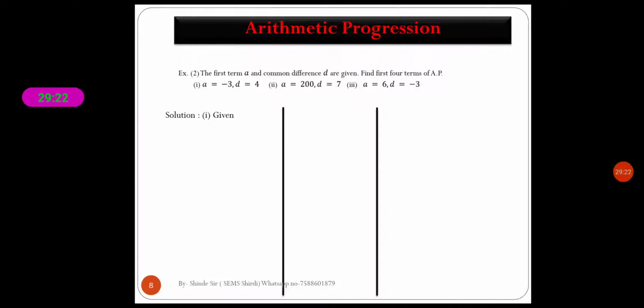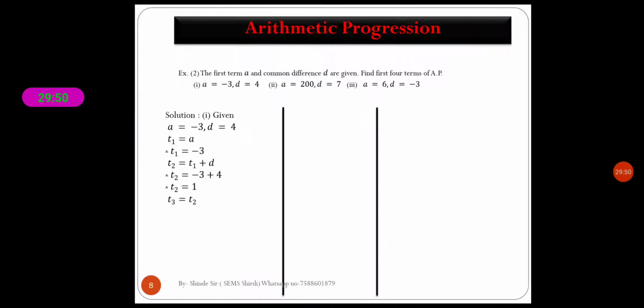Now here given a is equal to minus 3, d is equal to 4. t1 is equal to a, therefore t1 is equal to minus 3. Now t2 is equal to t1 plus d, so t2 is minus 3 plus 4, which is 1.